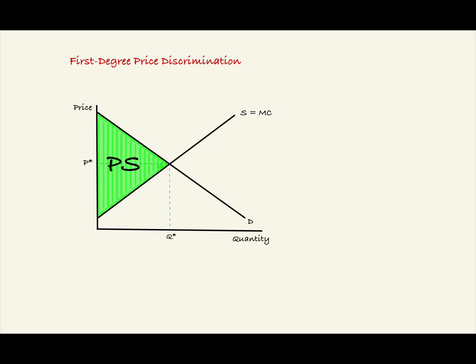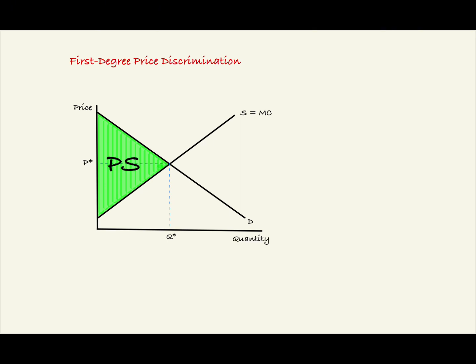Now, the reason the producer surplus takes over that area that used to be consumer surplus is because the price producers receive is no longer P star, or the equilibrium price. Now the producers receive the maximum price consumers are willing to pay, which is represented by the demand curve.